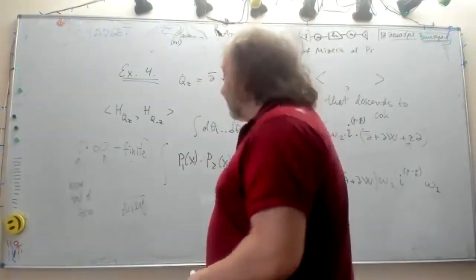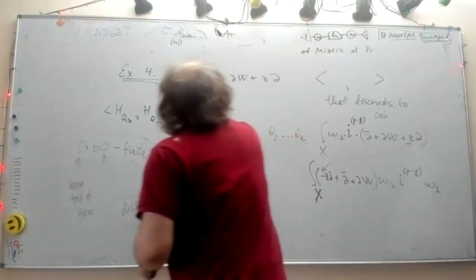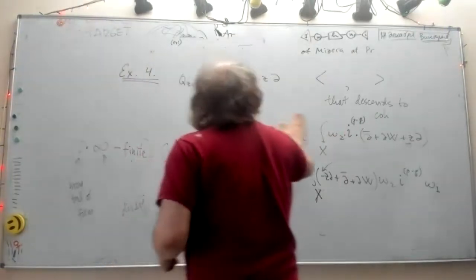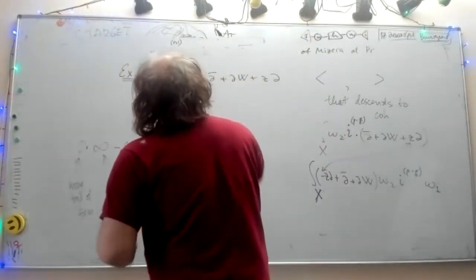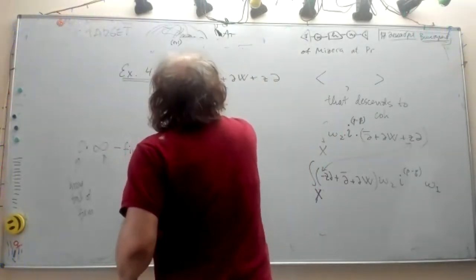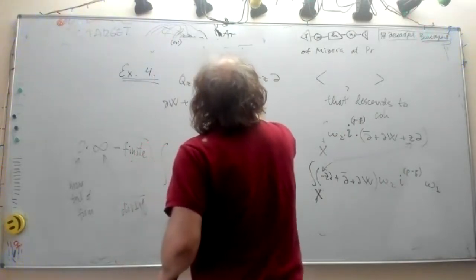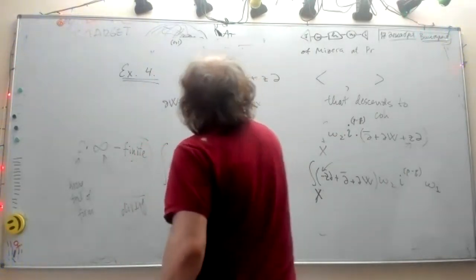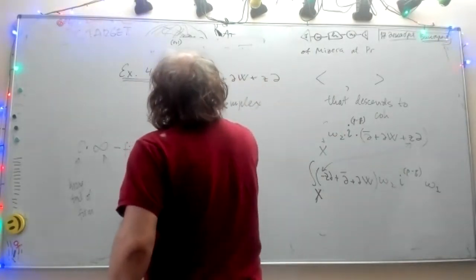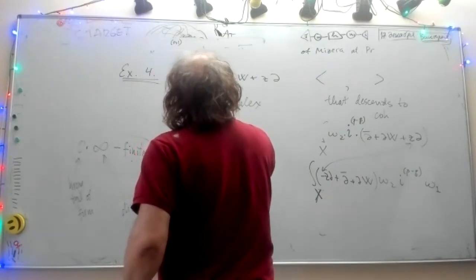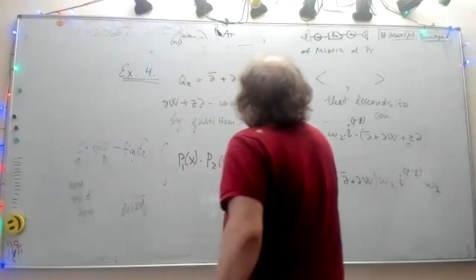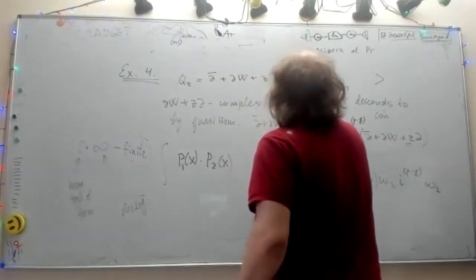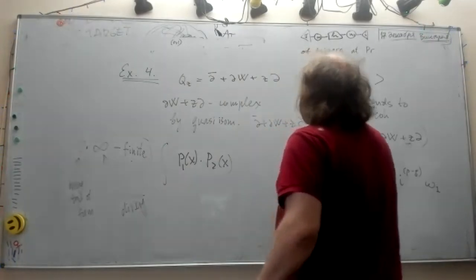And using Dolbeault resolvent, it means that we would like to replace dW plus zD complex by quasi-isomorphic d bar plus dW plus zD complex.